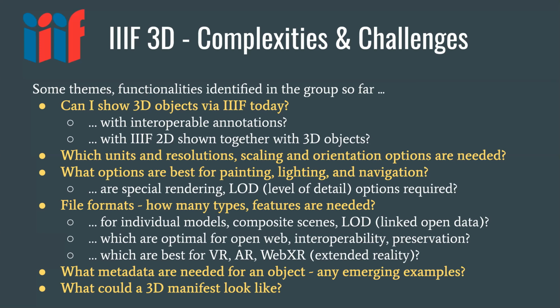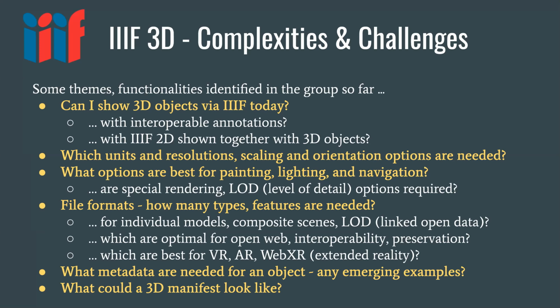What options are best? There's painting, lighting, navigation, camera angle, point of view. There are all sorts of things, but there are a lot of people who know a lot about this, and thankfully we've had a lot of good discussions bringing these various people together, and us being part of this collaborative effort, which is the only way we're going to make it work.